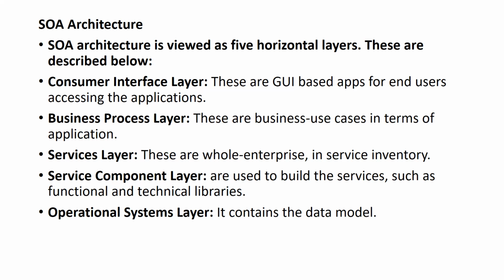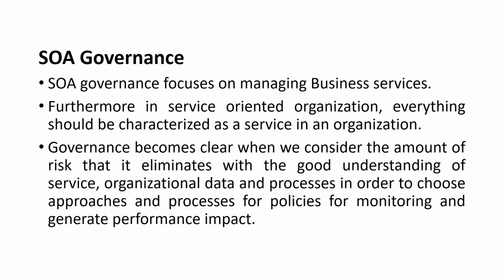These are the business use cases in terms of applications. The next one is the service layer. These are the whole enterprise service inventory. The service component layer is used to build the services, such as functional and technical libraries. The operational systems layer contains the data model.